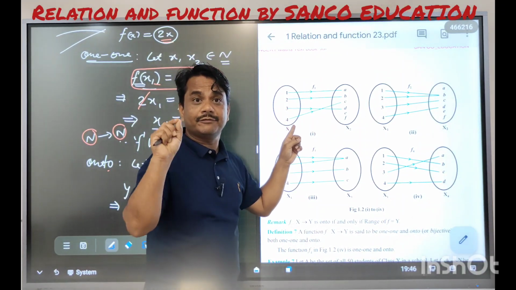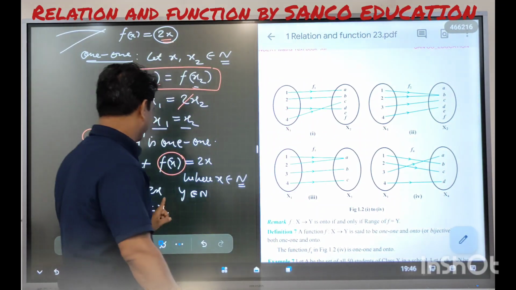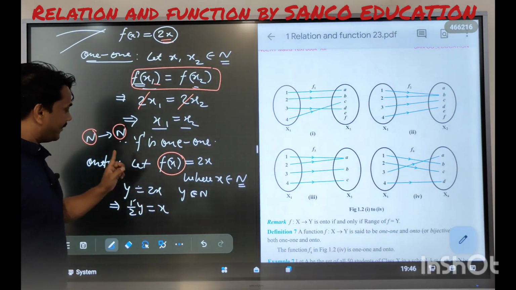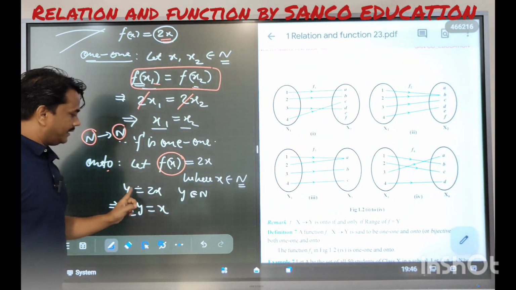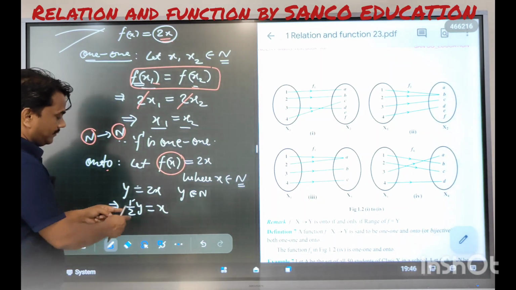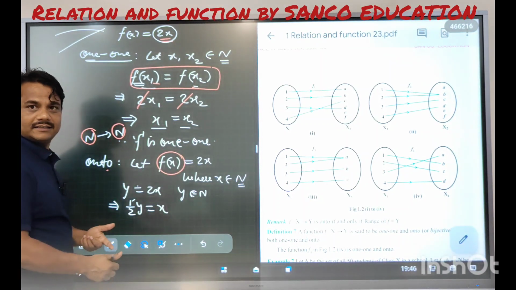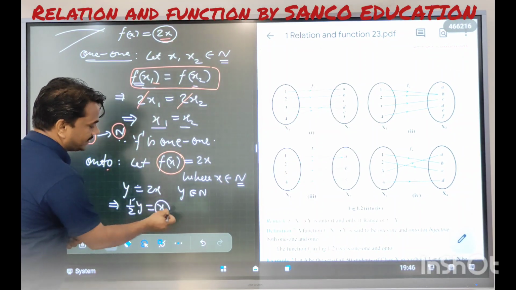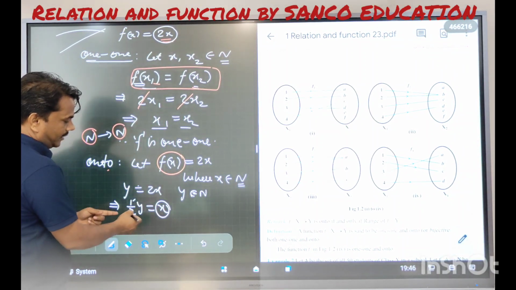Same here. Under the function f, x is giving you y. So under f inverse, y will give you x. So what about x here? Tell me.